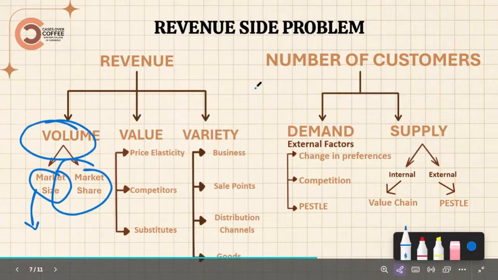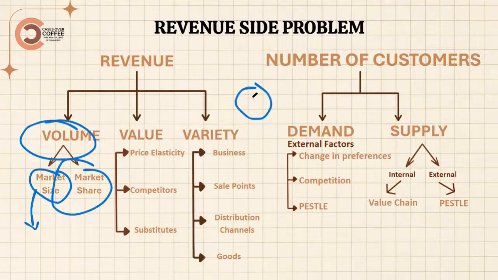Now, let's say we have a market of 10 crore. I'm taking arbitrary numbers. So there can be two cases in which the profitability of a company is affected in the market sizing. Number one could be that the market size has reduced from 10 to 8 crore. The industry in which the client is operating has seen its market size fall.